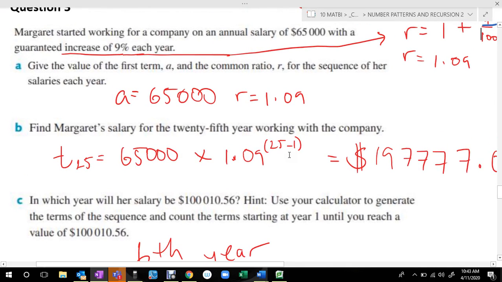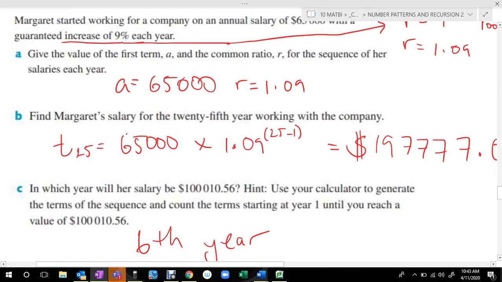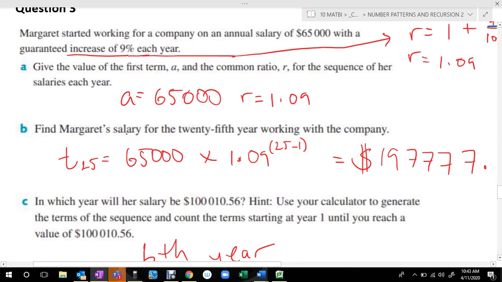Alright, so, one more tricky thing here is, make sure you read the question. Okay, because if this person starts working in her first year, that means that her first salary is going to be this, not the starting. Just make sure you read the question properly. This is her first year of work. Okay, so just make sure you understand that.